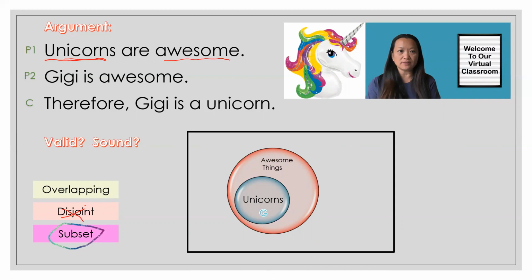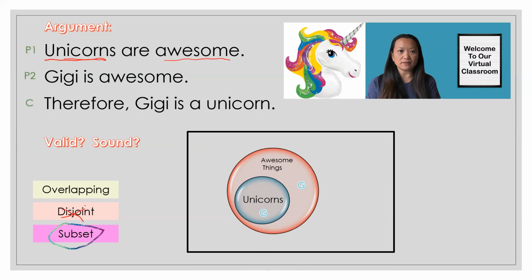Yes, because inside a small circle means inside a big circle, and all awesome things are inside that big circle. So as long as we mark it inside the big circle, okay, right? But is that the only place she could be? No, she could also be in the outer part right there.